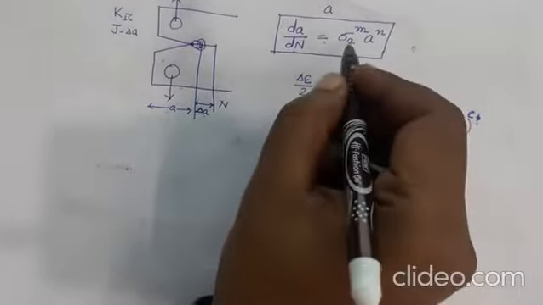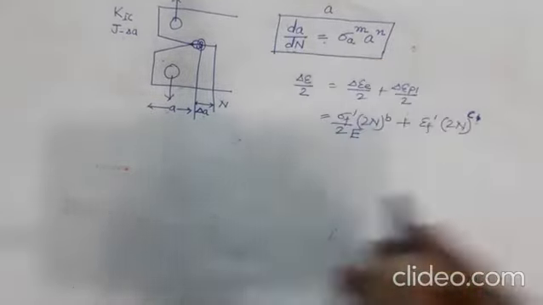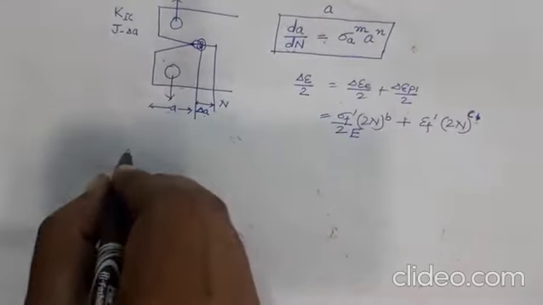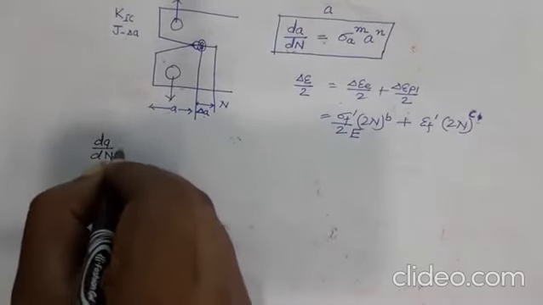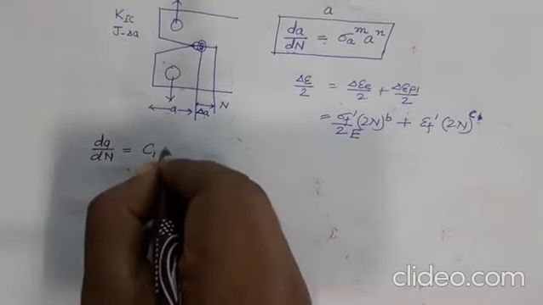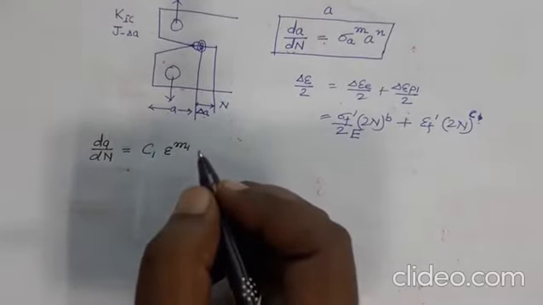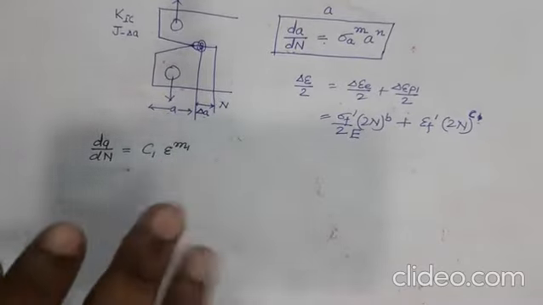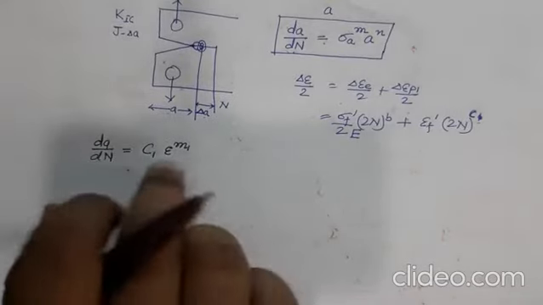So instead of relating the crack growth rate with the stress function, we can simply relate it to the strain function. So we can write dA by dN is equal to some constant C1, let's say, times strain to the power some constant M1. But we can have a better formulation than this one.